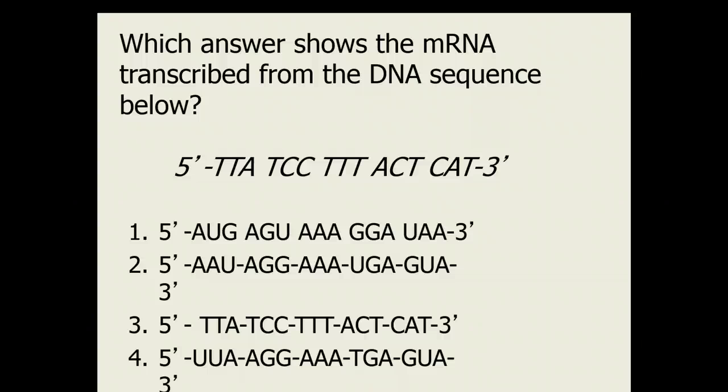So AAU, AGG, AAA, UGA looks like number... AUG, AGU. So actually it appears TTA, so we have to have AUG first. That's the beginning of the sequence, is it not?